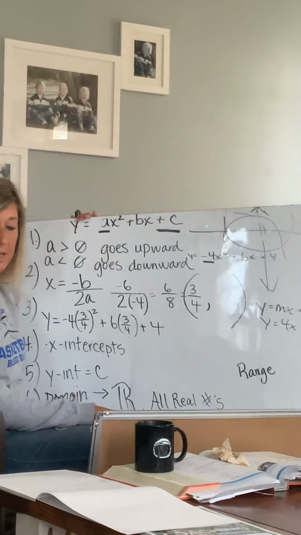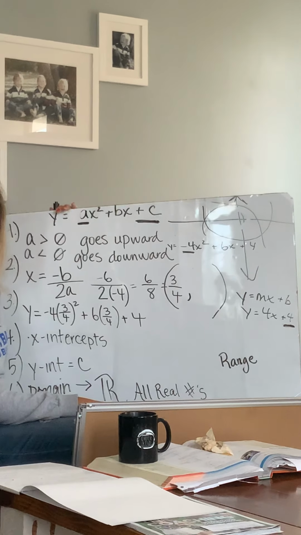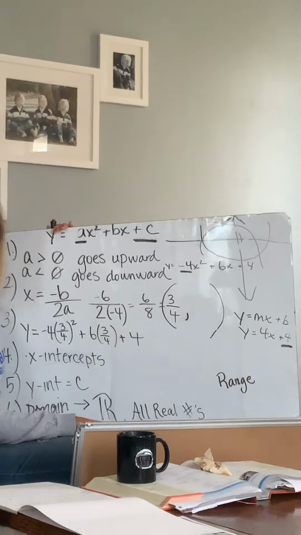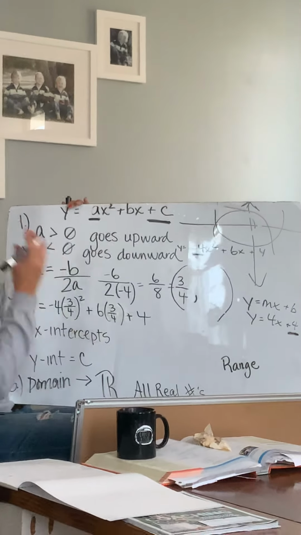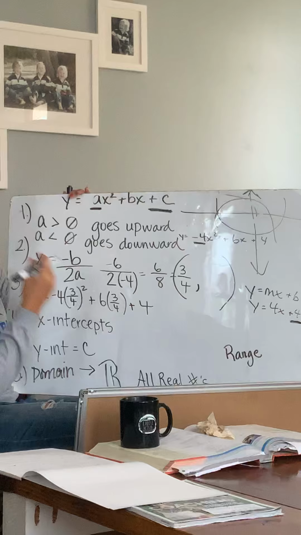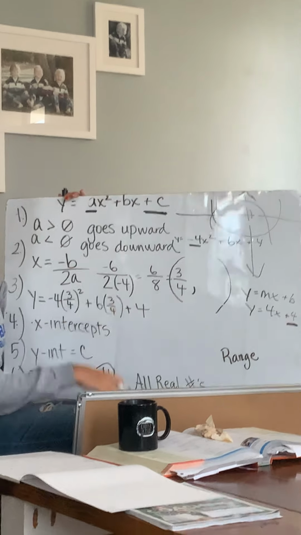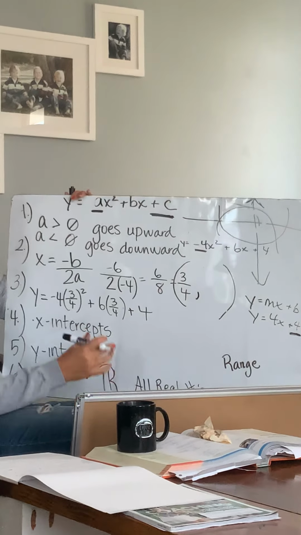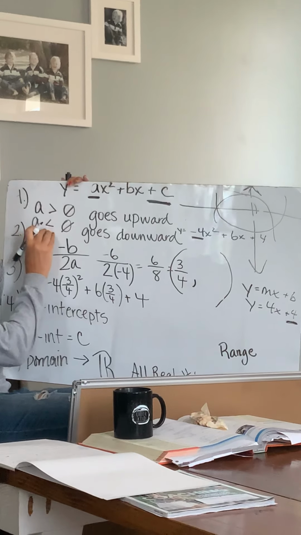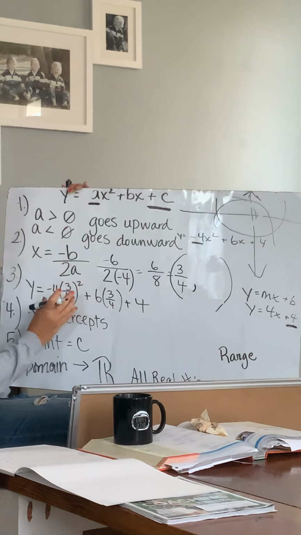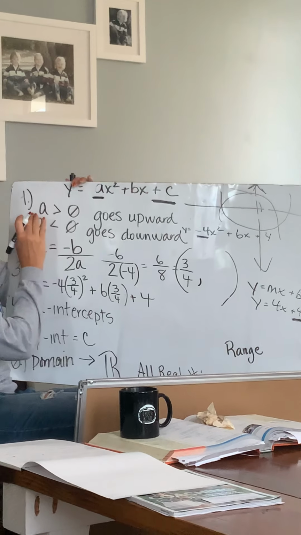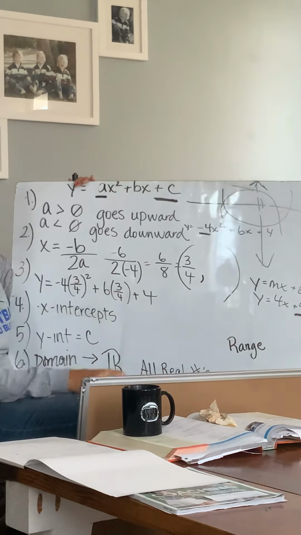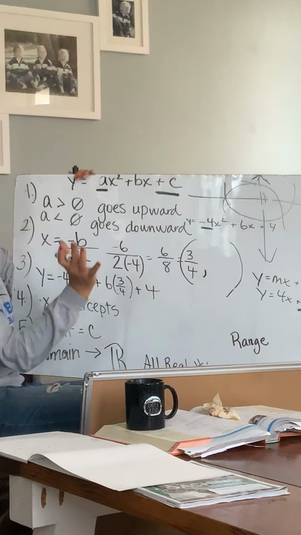The last thing I want to talk to you about is if your vertex is going to be a minimum value or a maximum value, okay? So once you get your vertex, you're going to be able to determine if it's a minimum value or a maximum value. How, do you ask? Well, by going through this. So once you get your vertex, and you have your first point, if A is greater than 0, your graph's going to go up, right?